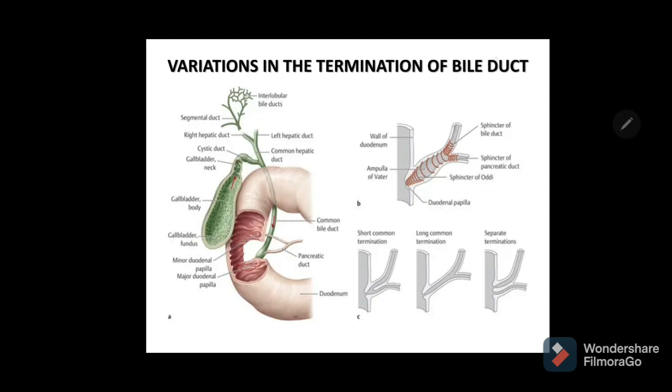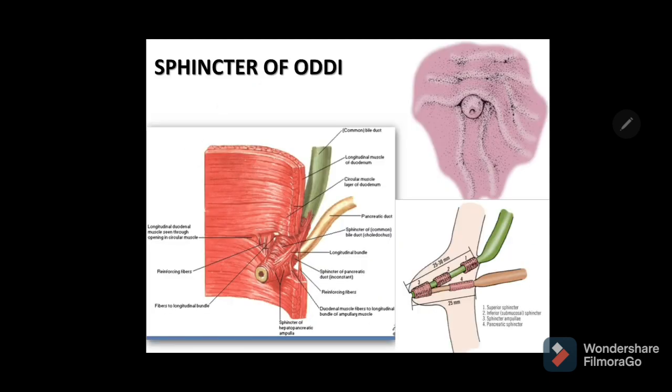And variations in the termination, as I already told you, it joins with the main pancreatic duct. Sometimes they form before and then open, and sometimes they form very close to the second part of duodenum. Sometimes they open separately into the second part of the duodenum.